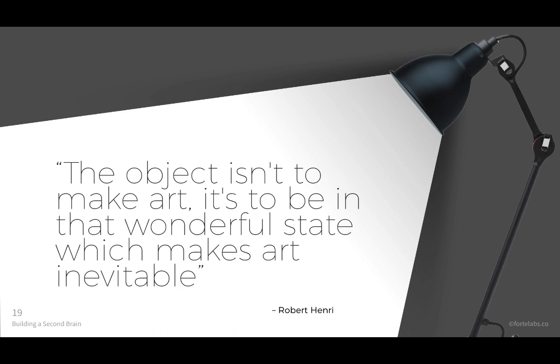This idea of laying the foundation or creating a supportive environment is captured in this quote, which is, "The object isn't to make art, it's to be in that wonderful state which makes art inevitable." Basically, we can't produce creative breakthroughs on demand, but we can set up our environment and our life and our workflow in a way that makes art or inspiration or breakthrough just more likely and more possible.